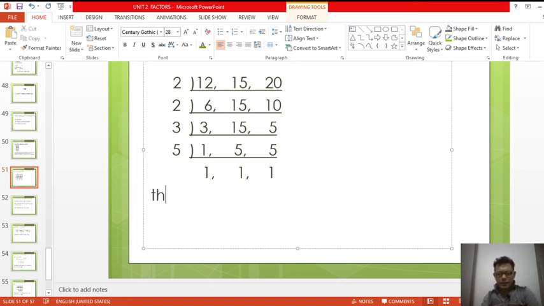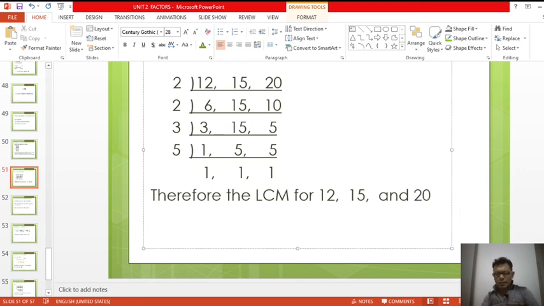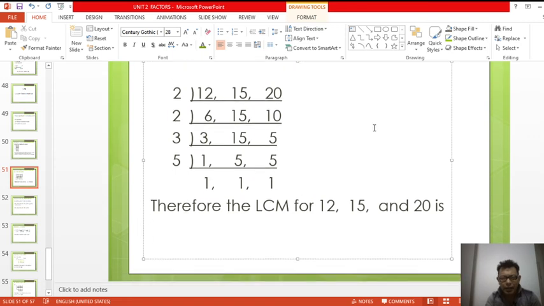Therefore, the LCM for 12, 15, and 20 is how much? Look at this. Is, let me, okay, there you are.